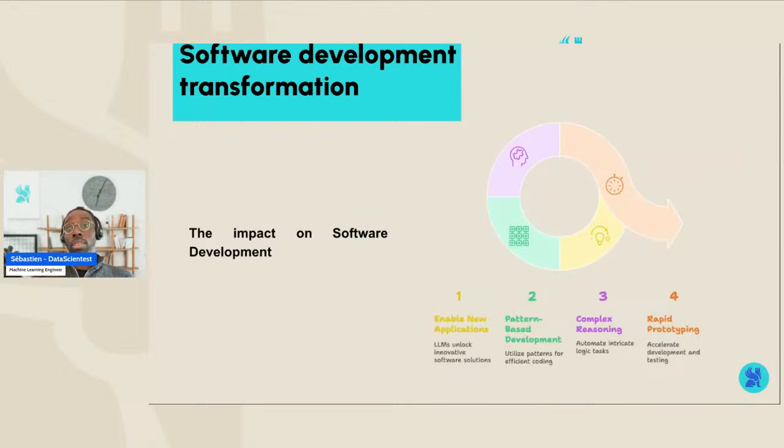So, the impact of the LLM on the software development phases is a huge advantage that LLMs bring into the picture. LLMs unlock innovative software solutions, because when we were working on classic software engineering, we took a huge amount of time finding the rules, then coding the rules, and then packaging the rules inside a complete software.